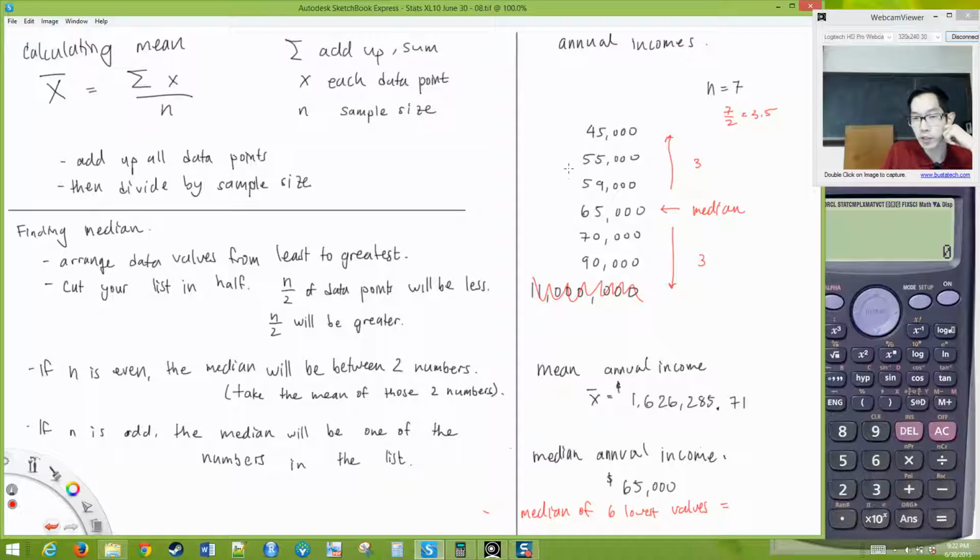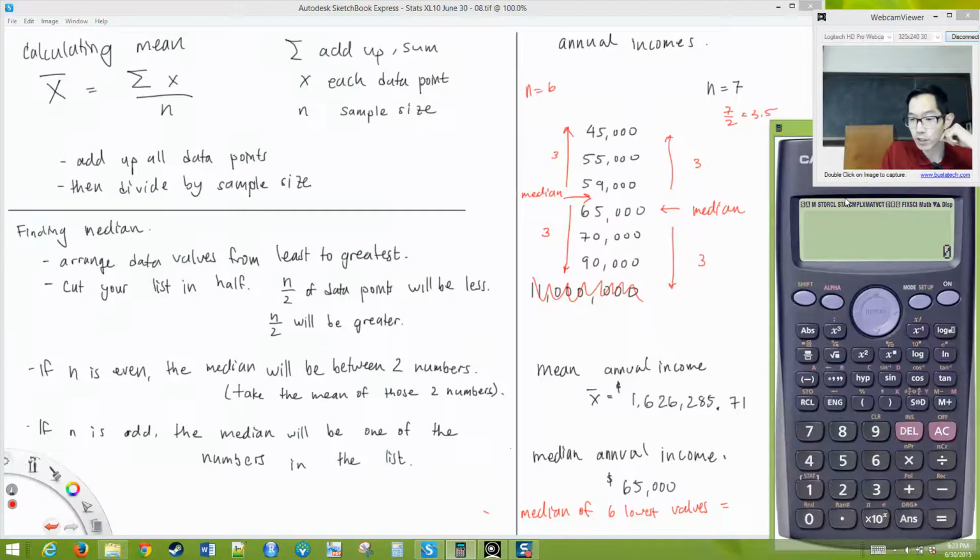So now there's only 6 numbers, n equal to 6, and so my median would be in between 59 and 65,000, where I have exactly 3 smaller and 3 larger, right? So my median would then be the average or the mean of 59 and 65,000.